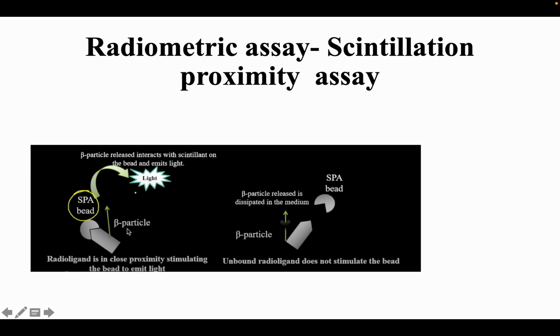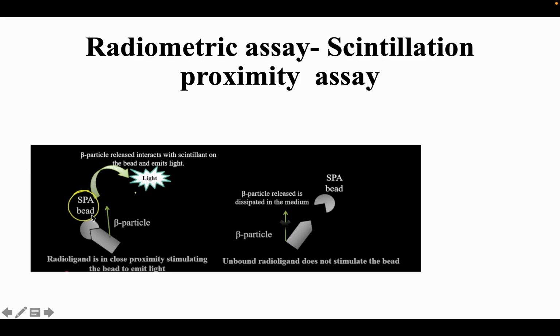That particle will emit radiation, and that process is known as autoradiography because it is itself emitting radiation. So this is how you can couple the SPA assay to different chromatography techniques.